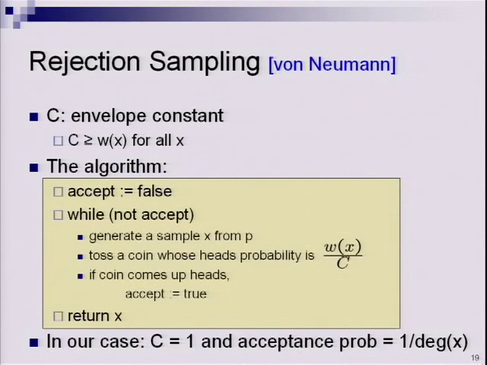Samples that have a priori high probability to be selected because they have high degree will be accepted with low probability. On the other hand, samples that have low probability to be selected a priori because they have low degree will have high probability to be accepted. So overall, you get that all documents will have the same probability to be selected. It's a rather simple probabilistic argument.